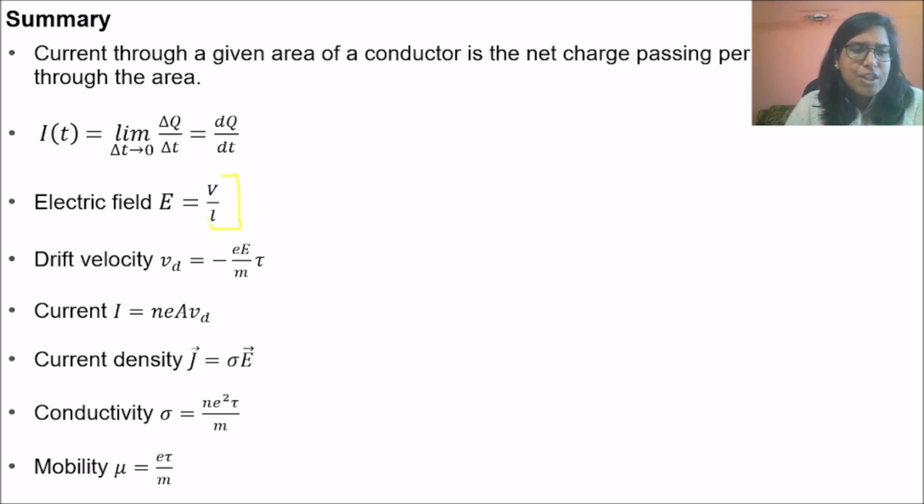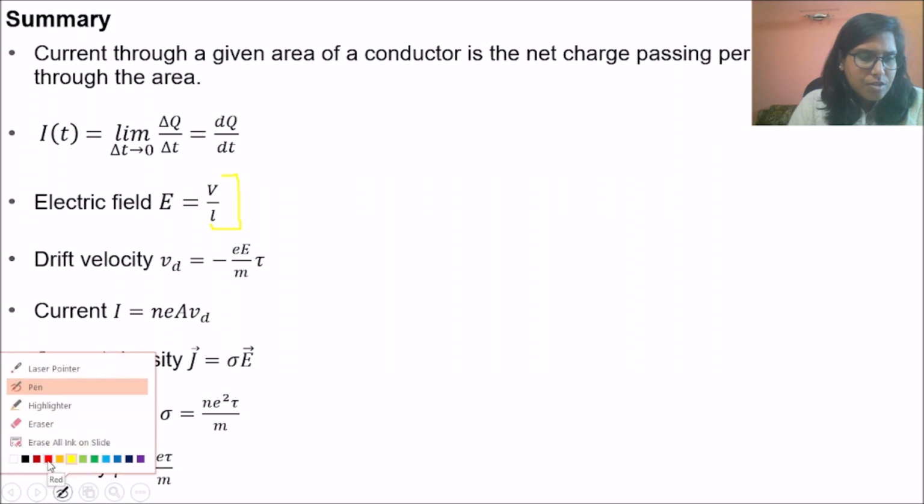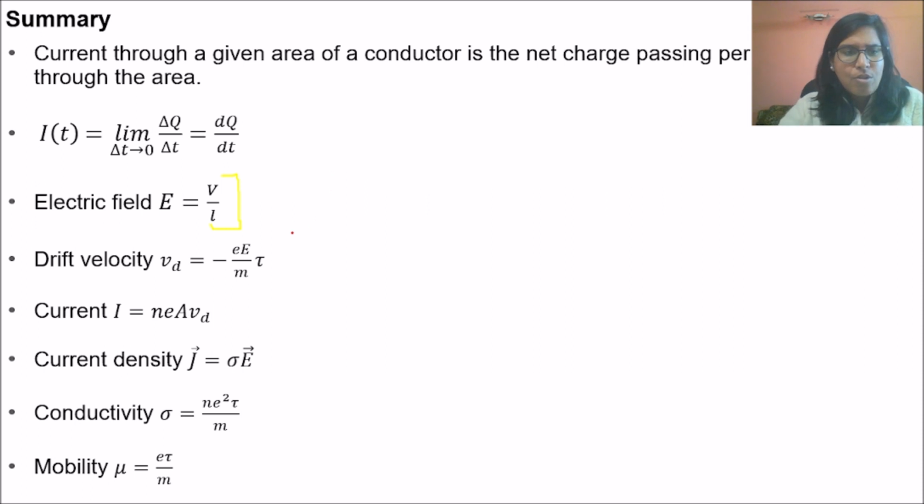That is E equals V by L. Drift velocity is Vd equals minus eE by m into tau, and I equals n into e into A into Vd. n is the number of electrons per unit volume. Current density is J equals sigma E. Sigma is the conductivity. Conductivity is sigma equals n into e square tau by m, and mobility is e into tau by m, that is Vd by E.